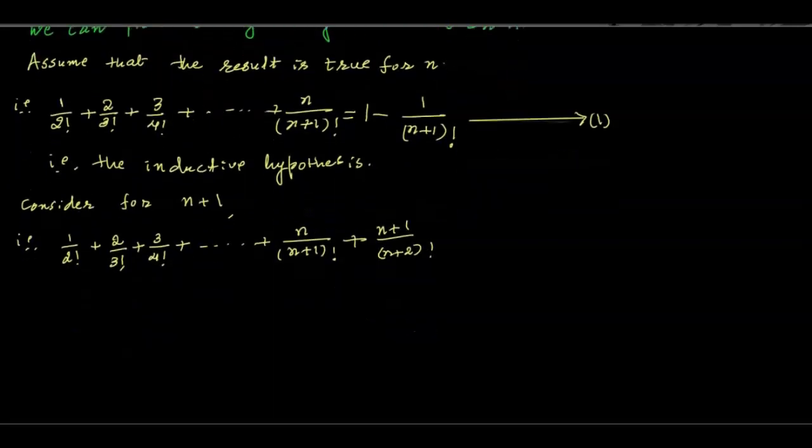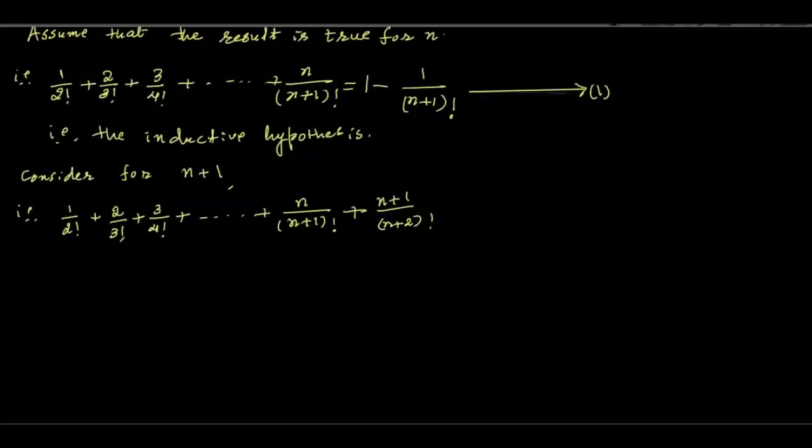And now by the inductive hypothesis, by equation 1, you can see that up to this term it is equal to 1 minus 1/(n+1)!, plus (n+1)/(n+2)!.